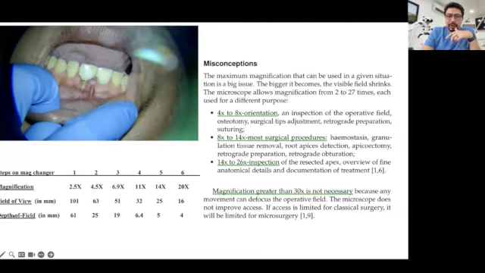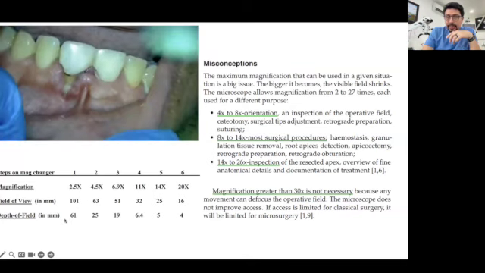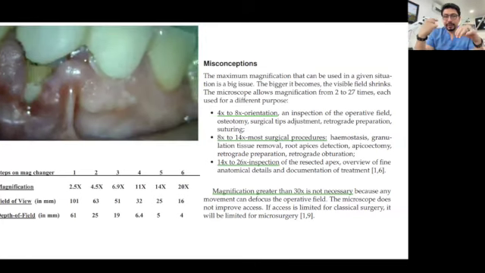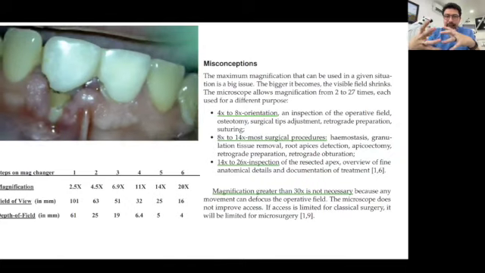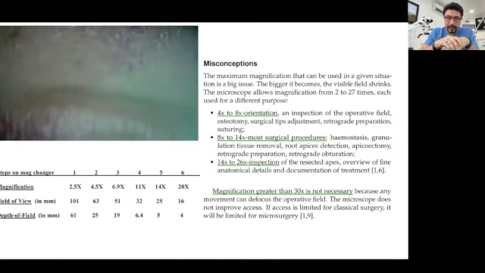And your depth of field is around 60 millimeters. It means that you can have in focus from the canine to the second molar, approximately. If the patient is a small patient, maybe the full arch.